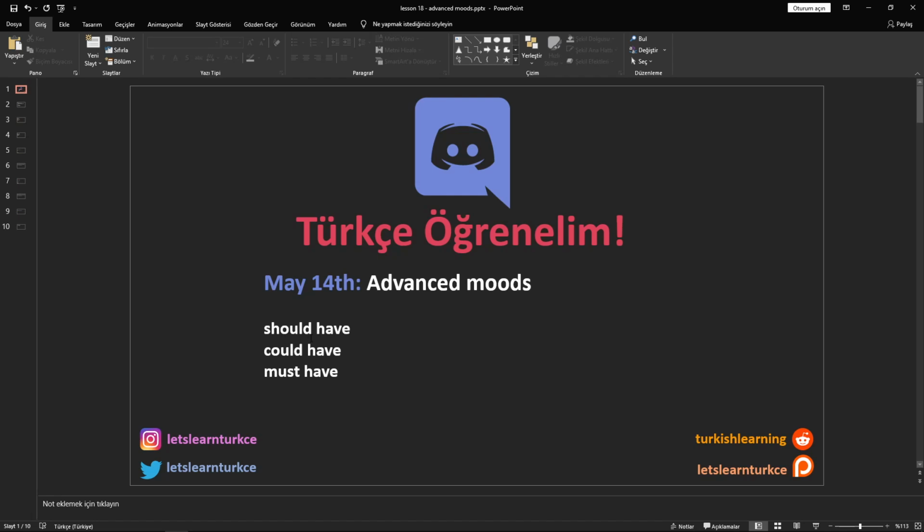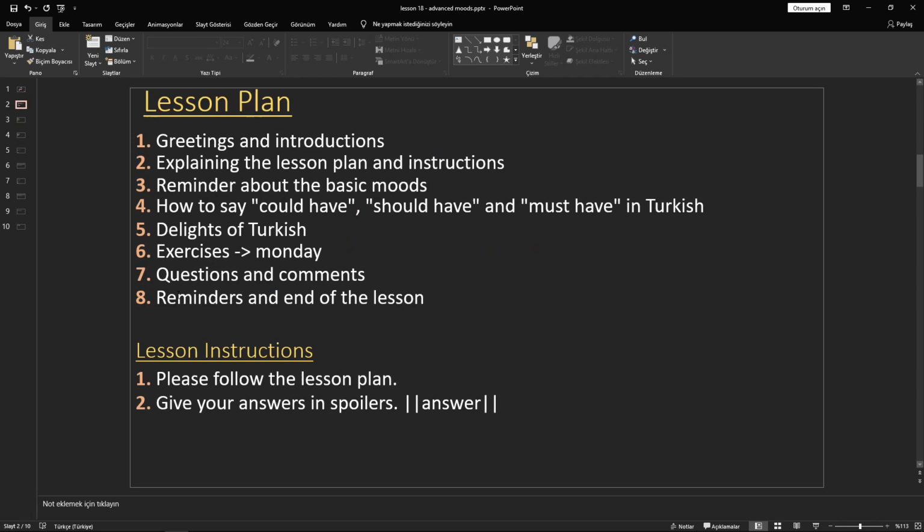The first two are a bit easy, but must have is the most complicated one to understand because of some colloquial differences in Turkish. It is easy to construct, it is easy to put the suffixes together, but the meaning and being aware of when to use it is a bit complicated.